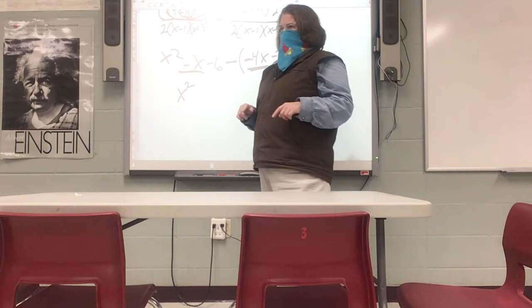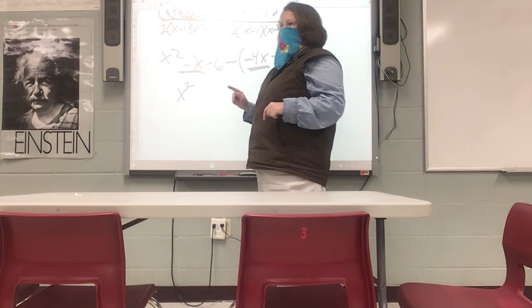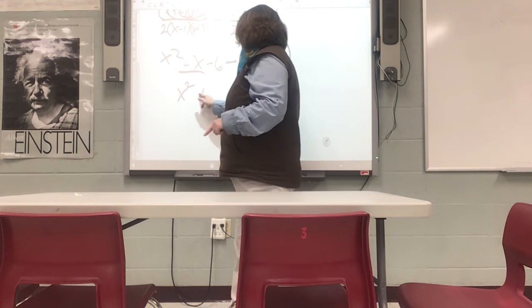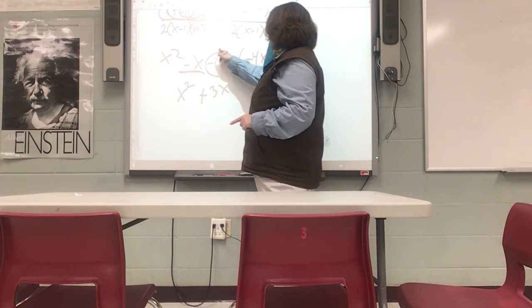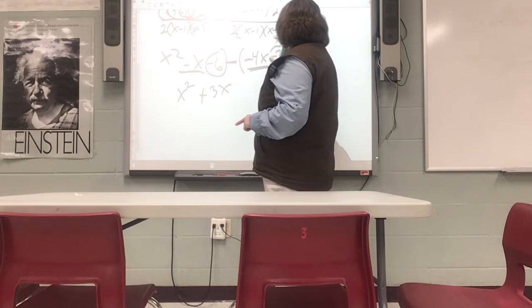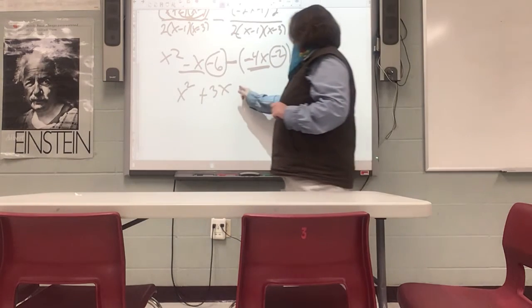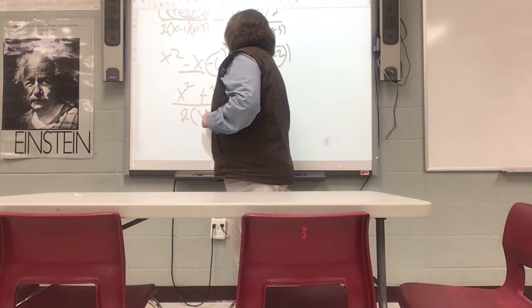Negative 1 minus negative 4, positive 3x, wouldn't it? Yeah. And now negative 6 minus negative 2. And now I'm going to write all over that common denominator.